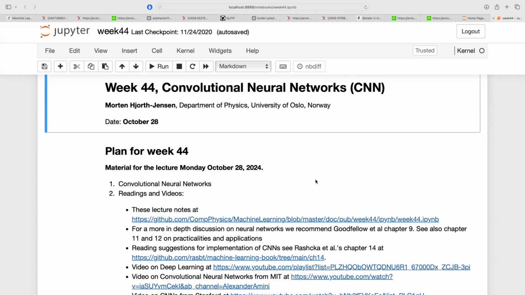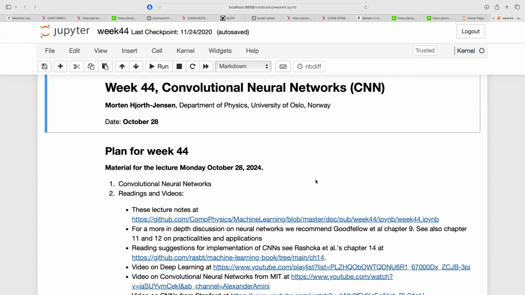When it comes to project number 3, where quite many apply convolutional neural networks to image classification types of problems, what we normally recommend is to use TensorFlow, which many actually do, and we will show you examples of how you can use TensorFlow for imaging with convolutional neural networks.